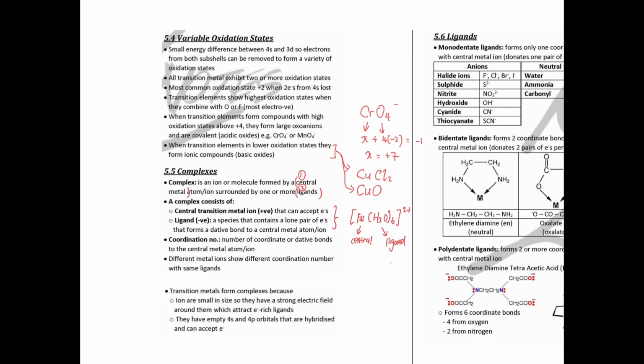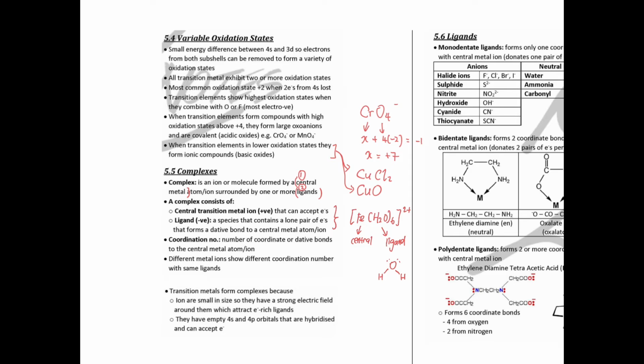H2O, as you know, has lone pair. The oxygen has lone pair, and that lone pair can form a dative bond with iron, with Fe. And Fe has empty orbitals. So how to see that?